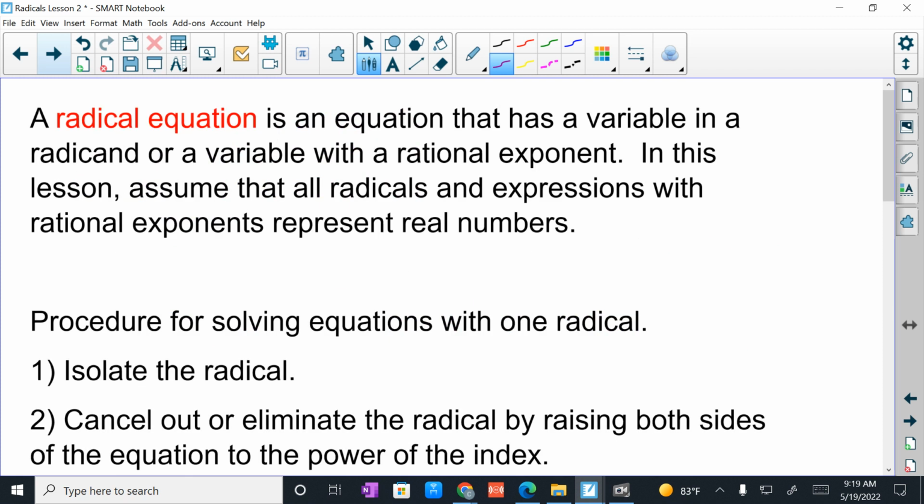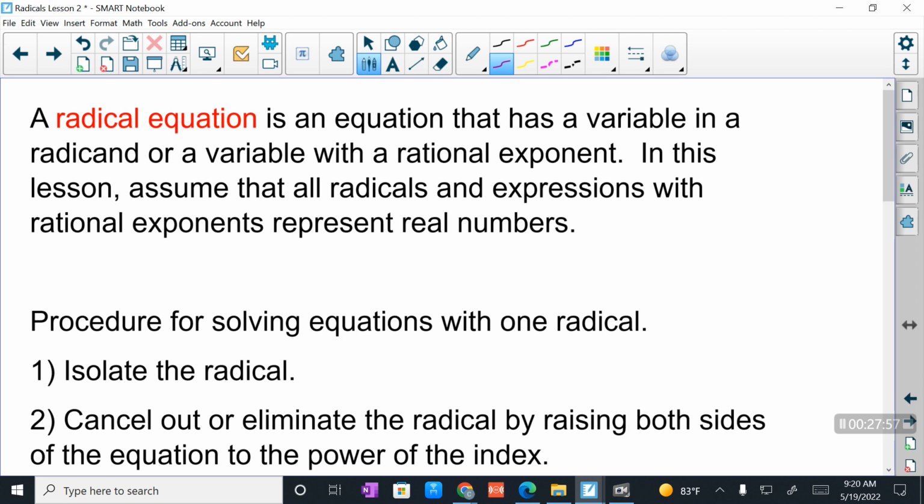Radical equations. Hopefully, some of you will say, wait a second. So when you have a radical equation, guys, remember when we worked with quadratics?